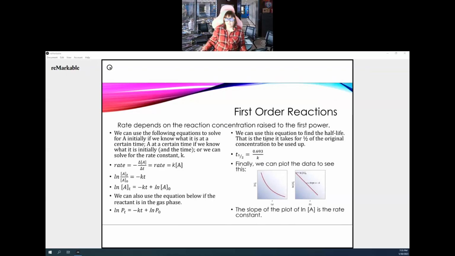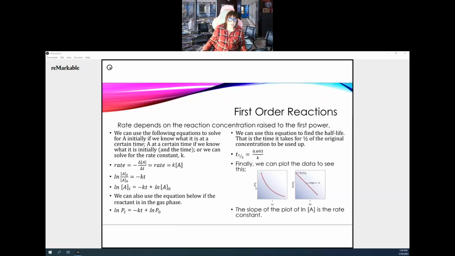We can use this equation to find the half-life. The expression for it is t one-half equals 0.693 over k. A half-life represents how long it takes for half of the material that is present to decompose, to go away, to disappear. And we can plot all of this data, and we see that the natural log of the concentration versus time is a straight line.